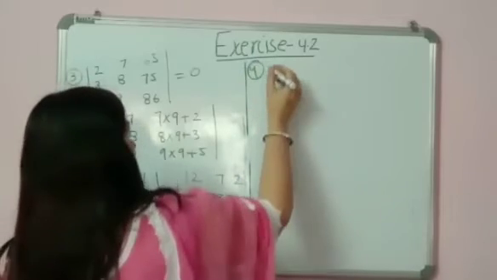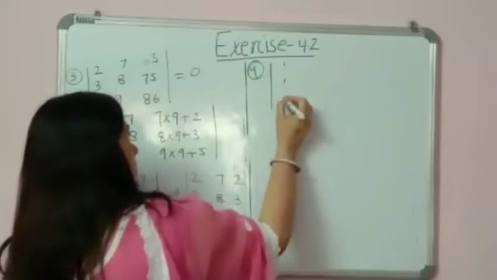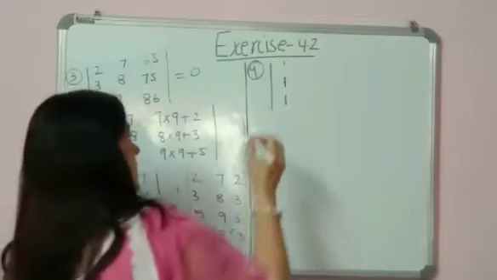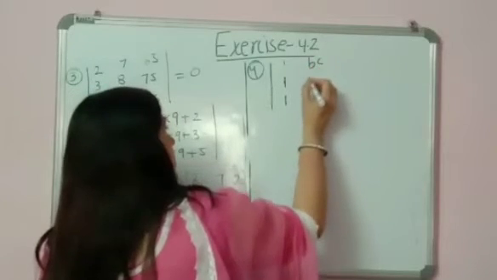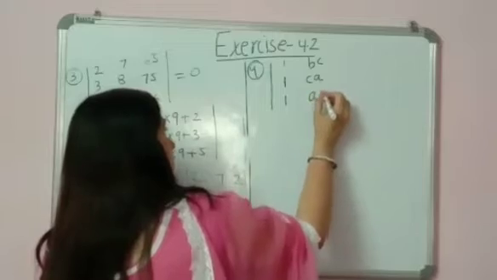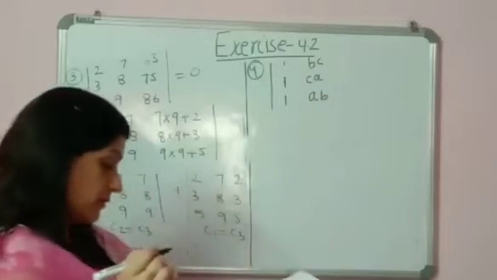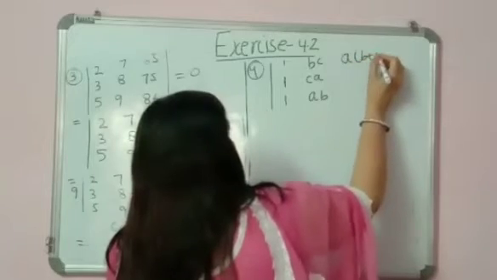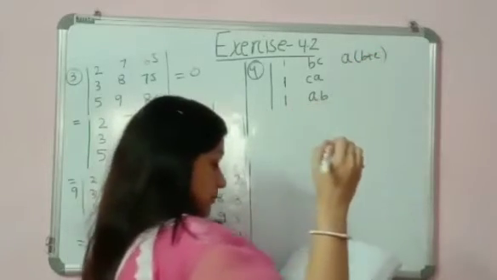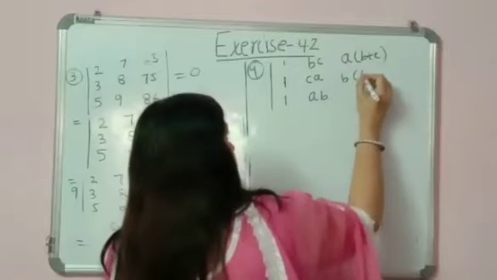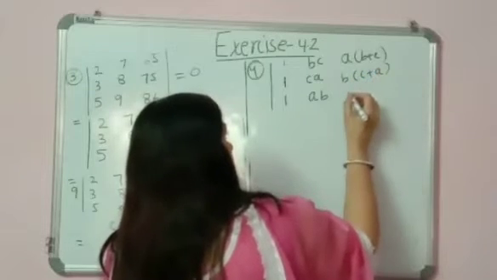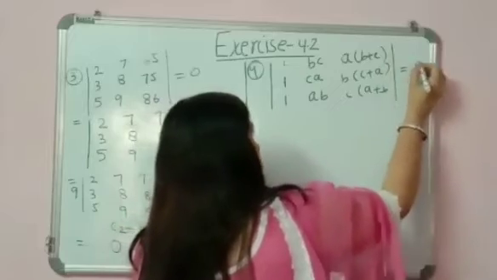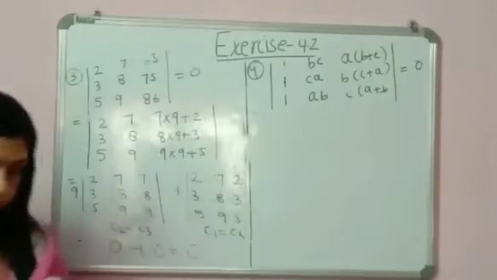So it is 1, 1, 1. All of you note down BC, CA, AB, BC, CA and AB, and you have A into B plus C, B into C plus A and C into A plus B. This also you have to prove it equal to 0.